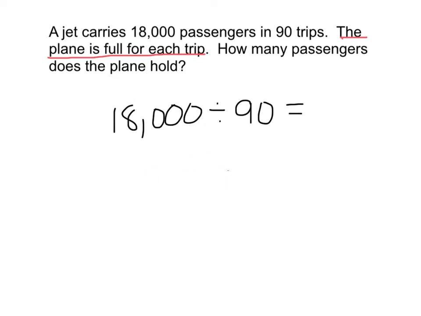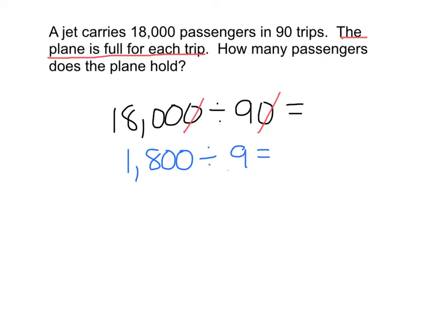We can eliminate as many zeros as we have on both sides. So I have 1 zero by my 90, so I can take that away as long as I cross out 1 zero from my 18,000. So now, with those gone, my new problem is 1,800 divided by 9.